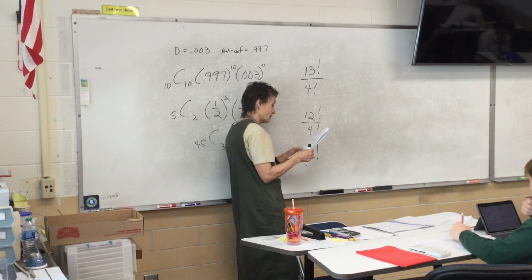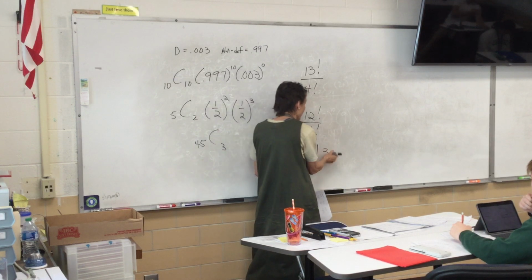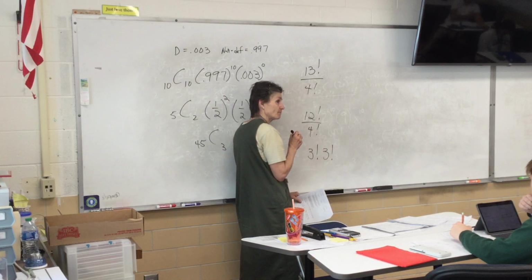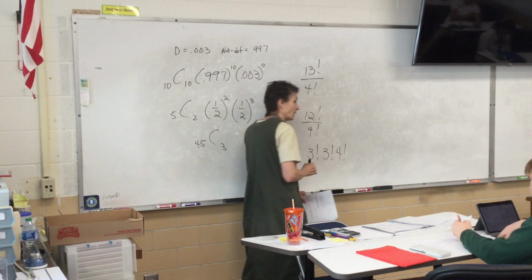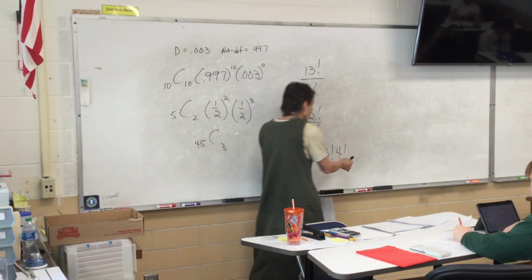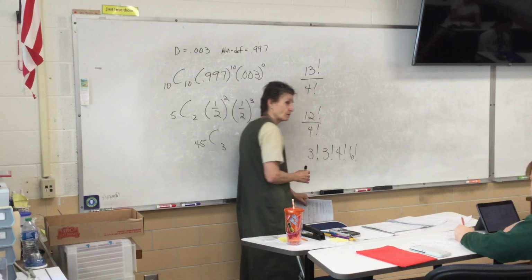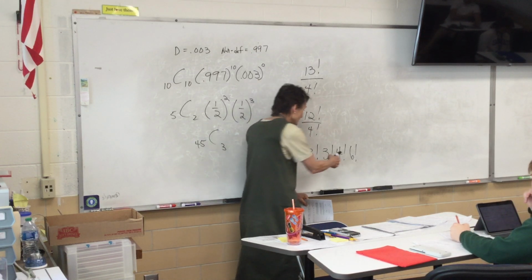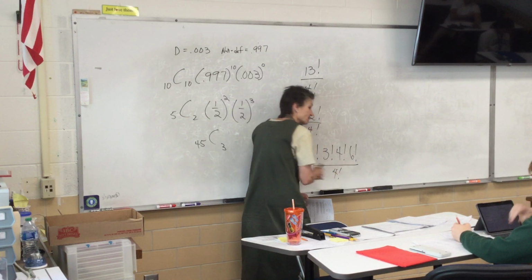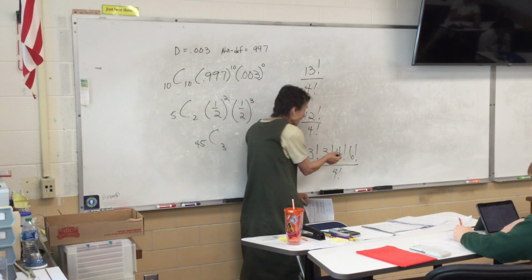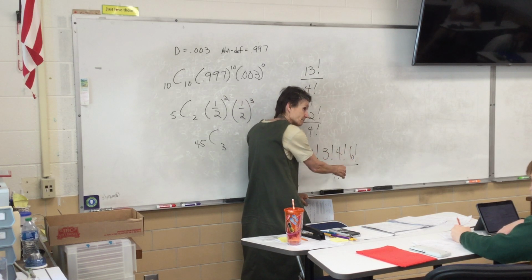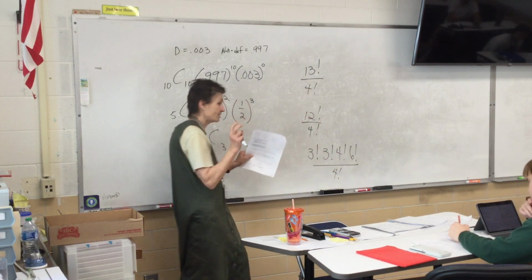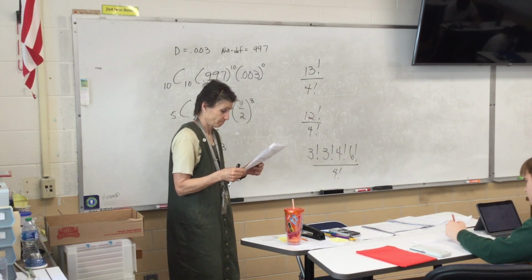The geometry books could be arranged 3 factorial ways. The trig books could be arranged 4 factorial ways. And the calculus books could be arranged 6 factorial ways. But these guys are still repeats, right? So you don't even have to put that in there if you don't want to, because it's going to cancel with that. But that would be the official setup of it.